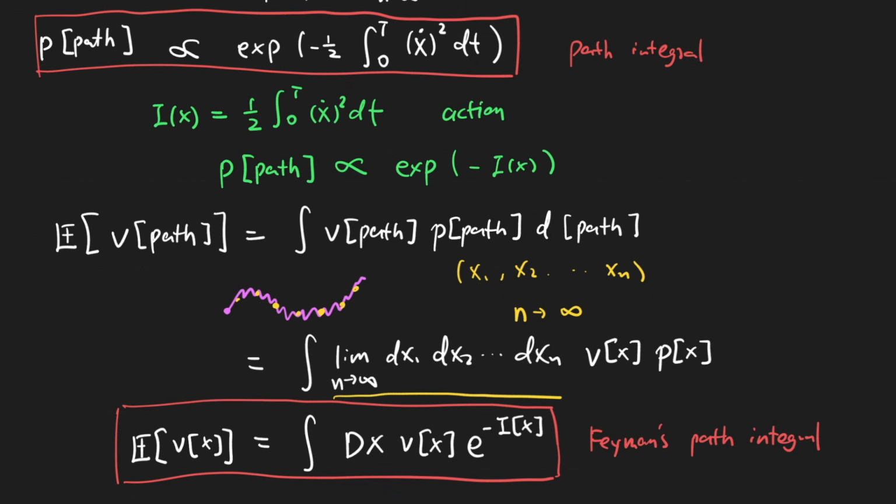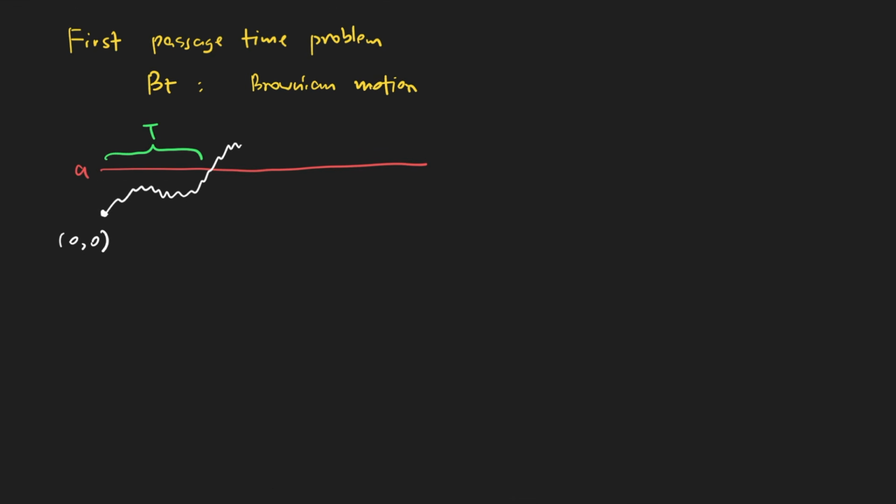And in order to sharpen our understanding of how to use the distribution of path, let's look at the example of the first passage time. The first passage time of the Brownian motion doesn't really require the path integral to solve, but the idea behind it requires us to think using the probability of the path, not just the density function from the PDE.